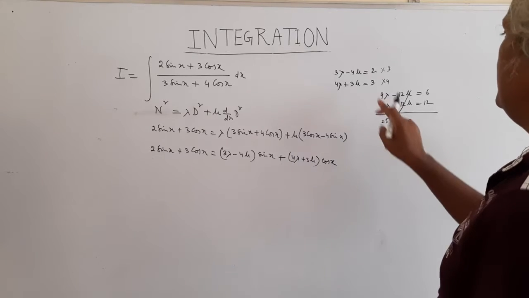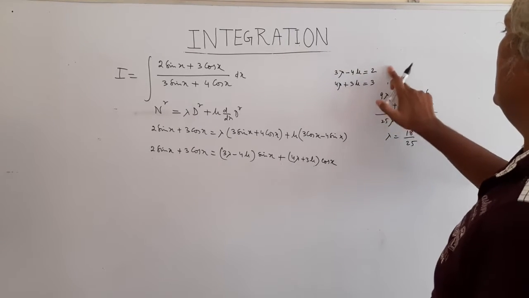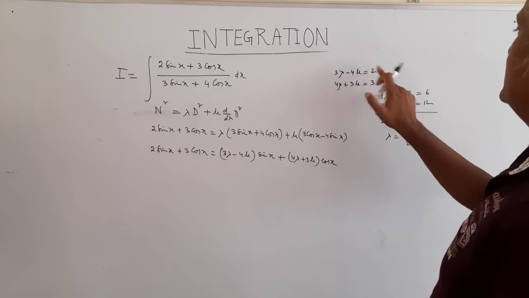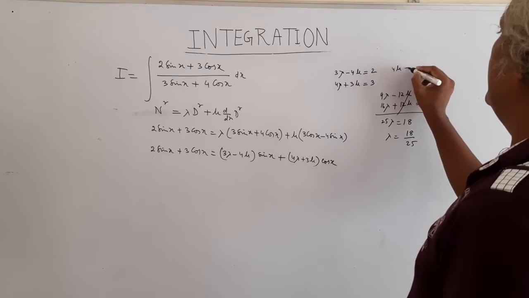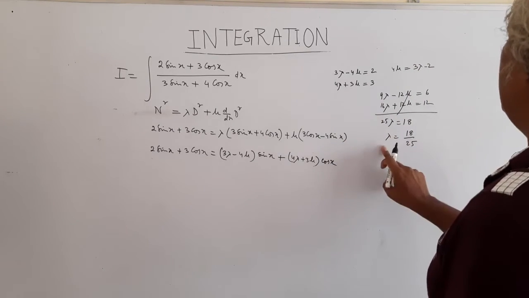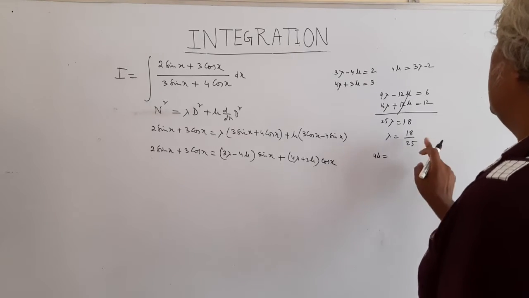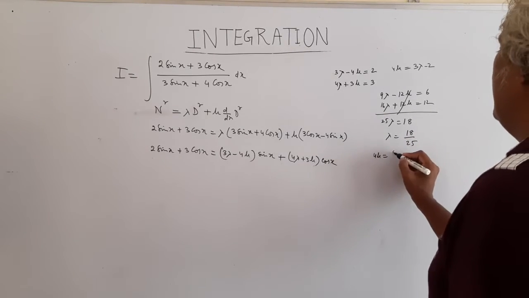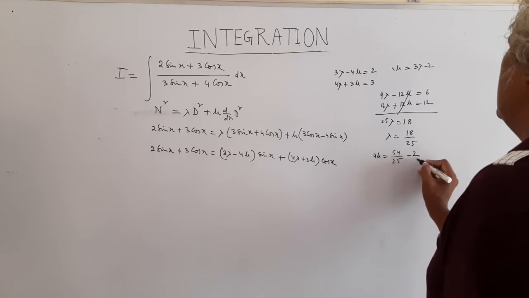Now we need to find the mu. So you see here, I take this. Now this one is not required anymore. So I take this 4 mu on this side, and 4 mu is 3 lambda minus 2. So 4 mu is 3 lambda, and 3 lambda is 18 into 3, so 18 3s are 54. 54 over 25 minus 2.